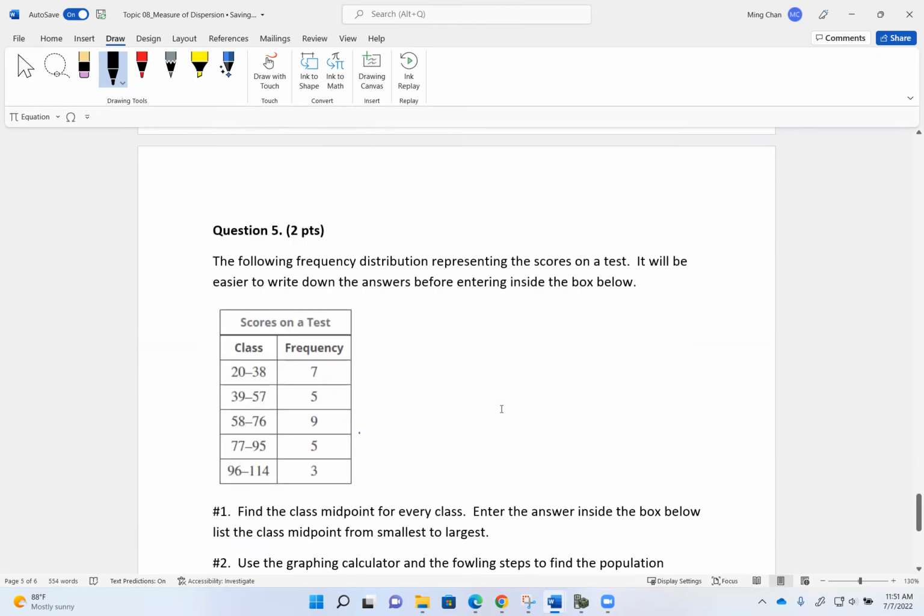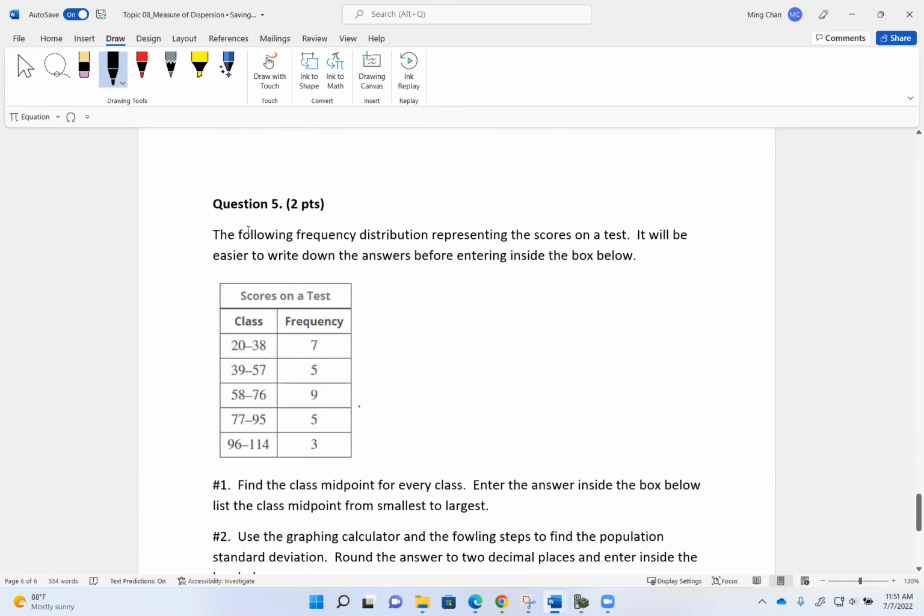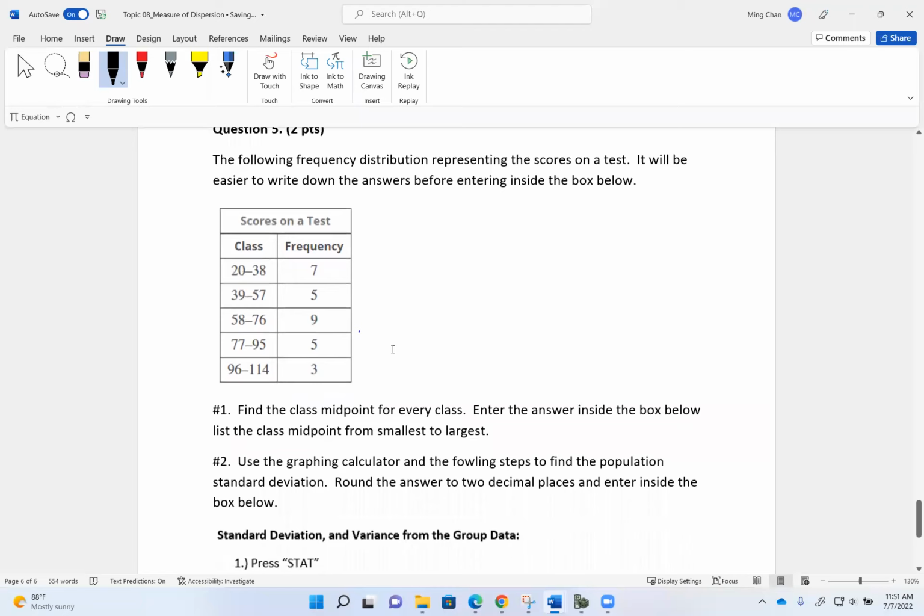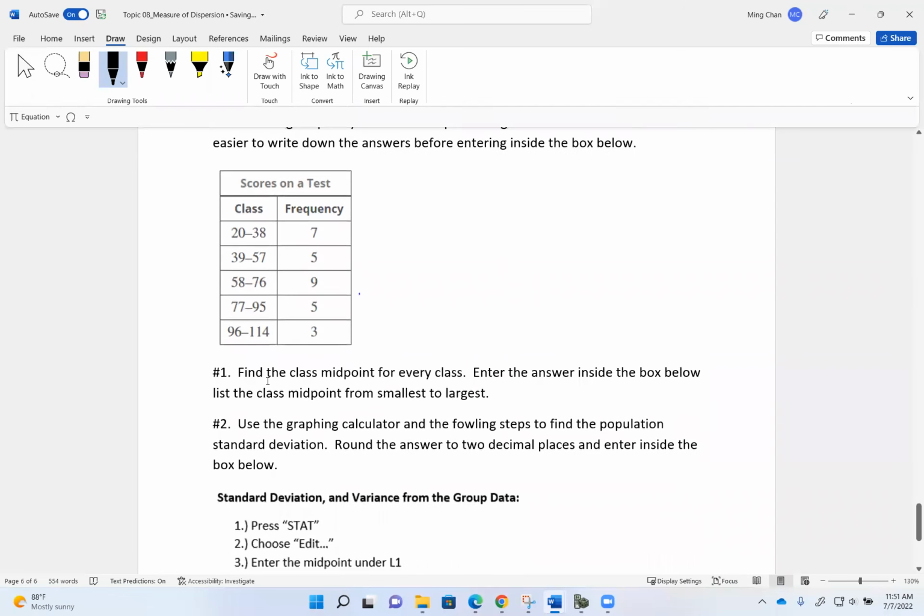Question number 5. The following frequency distribution represents the scores on a test. So this question has 2 parts. Number 1, I want you to find the class midpoint of every class. In D2L, make sure you enter the five midpoints, going from small to large.